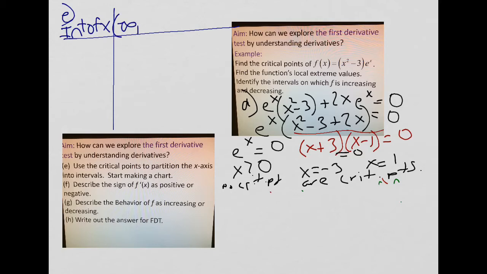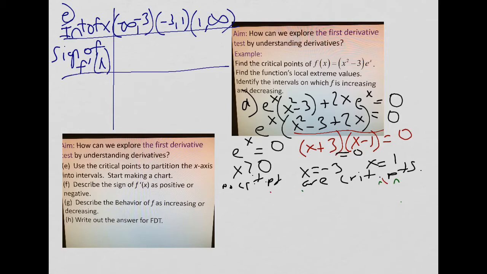We're looking at when x equals -3 and 1 as critical points. So you're splitting up your x-axis into the correct intervals. That means your lowest number has to come first and your highest number has to come second, so that we can plug it in to f prime of x.